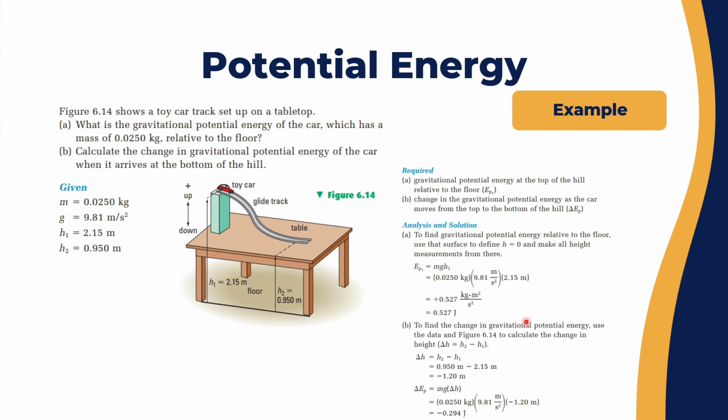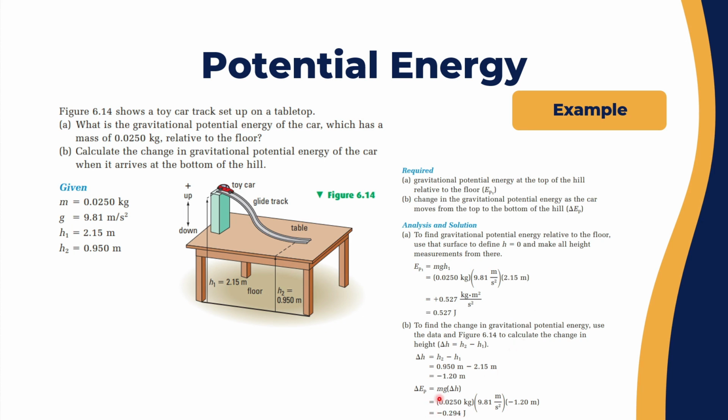And to find the change in gravitational potential energy, you need to find delta h, because delta EP would equal mg delta h. Delta h is h2 minus h1, the height of the car from the surface of the floor at the second position minus the height of the car from the surface of the floor at the first position. That would be 0.95 minus 2.15. That would be negative, which is normal, minus 1.2 meters.